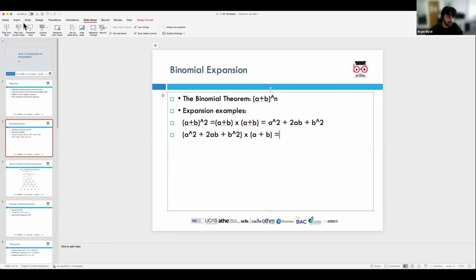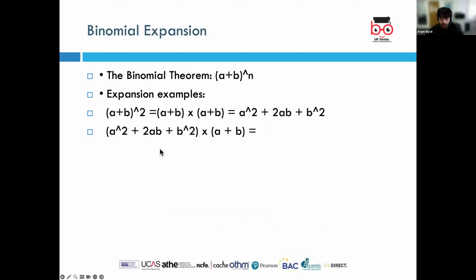So what do I do here? What do you think I would do here, if I was thinking about solving this? So this is just this, right? Same thing. I've just added an extra A times B.